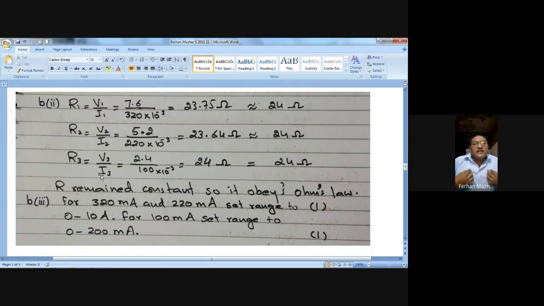And R3 was exactly 24 ohm. So the value of the resistance is 24 ohm, and you see the resistance is not changing. The ratio of voltage to current is constant. If the ratio of voltage to current is constant, it means voltage and current are directly proportional to each other. It means it is obeying Ohm's law. I hope it's clear.